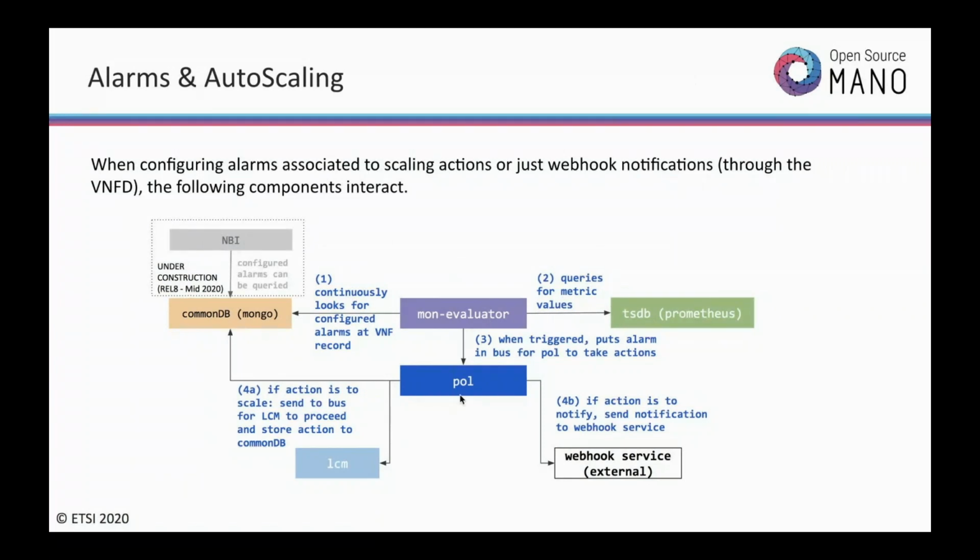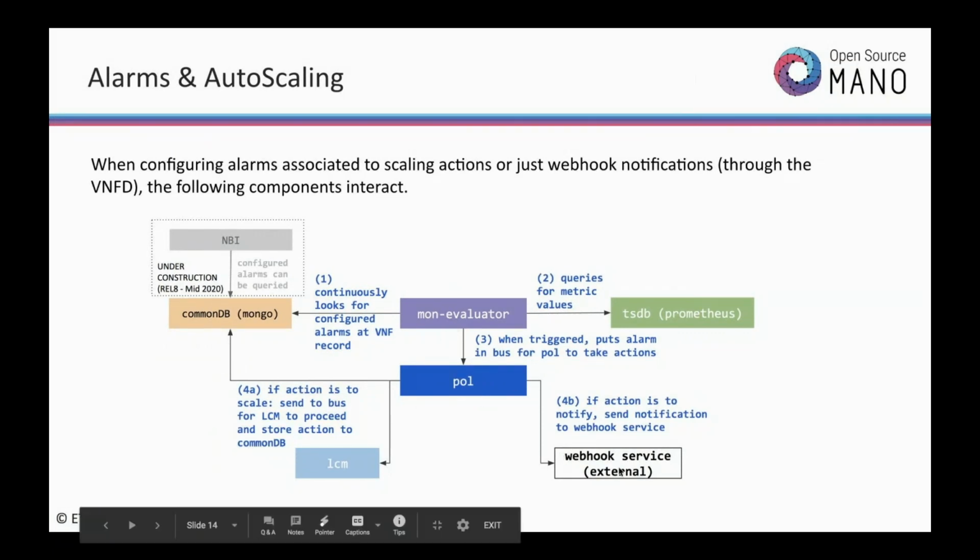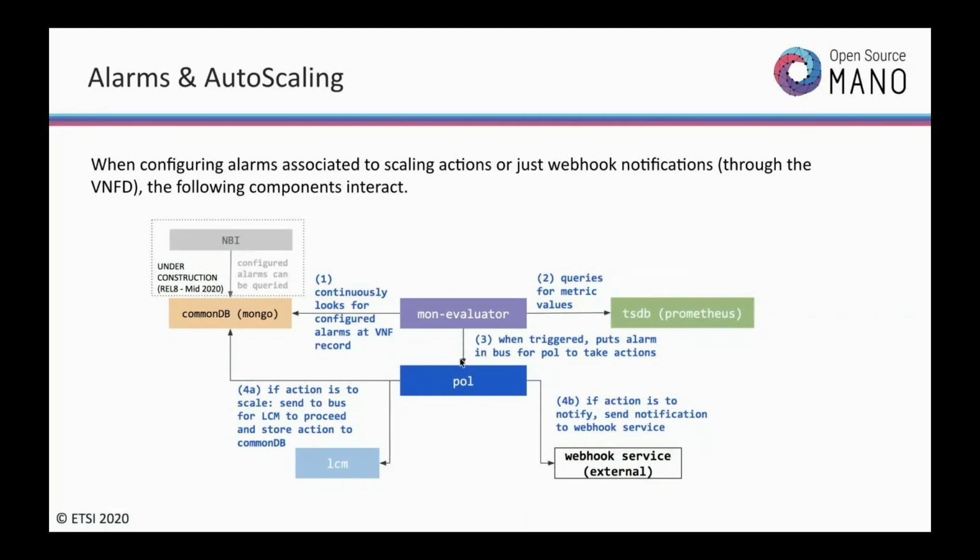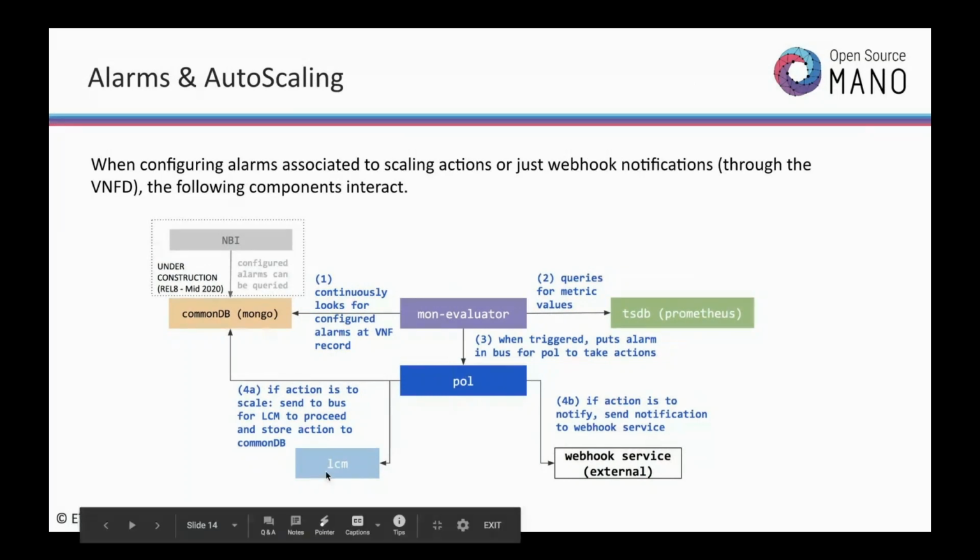If the alarm was configured just for notifying a webhook service, which is one of the implementations we have, then MON launches this notification to the webhook service. But if the alarm was looking for scaling in or out, then it puts a message that LCM consumes to instantiate a new network function or the scaled virtual machines that are needed. So again, it depends on how you model the VNFD.